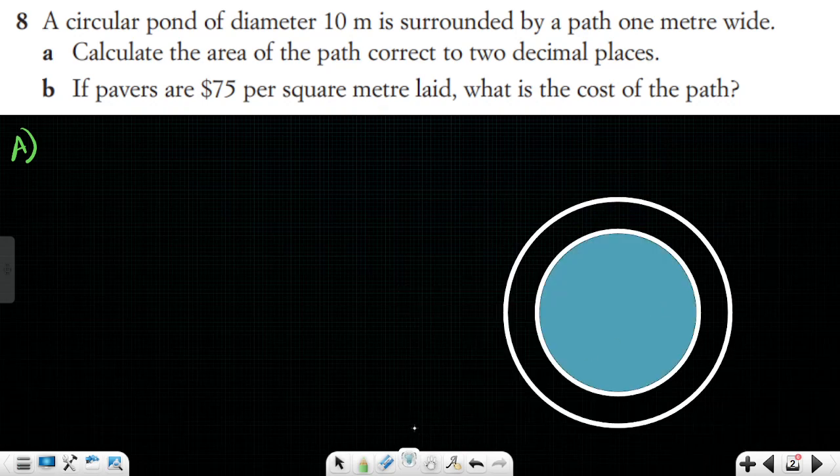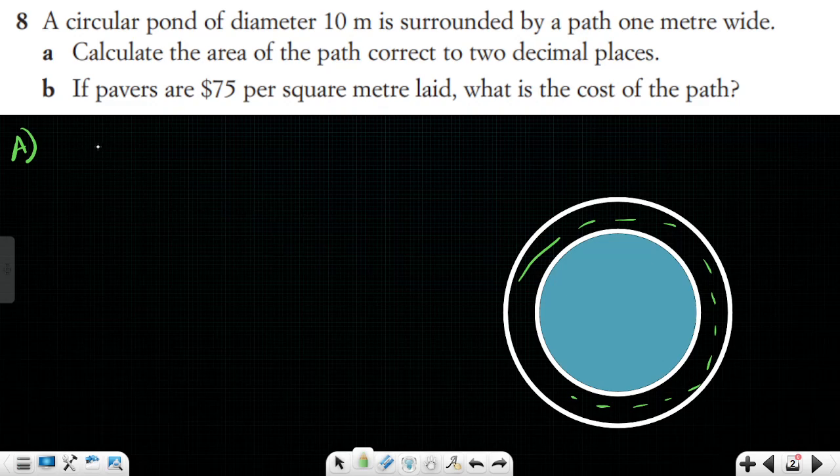Yes, this is a pond around which there are pavers. Just around the pond there is a way where people can walk, right? So now he is asking for the area of that path.